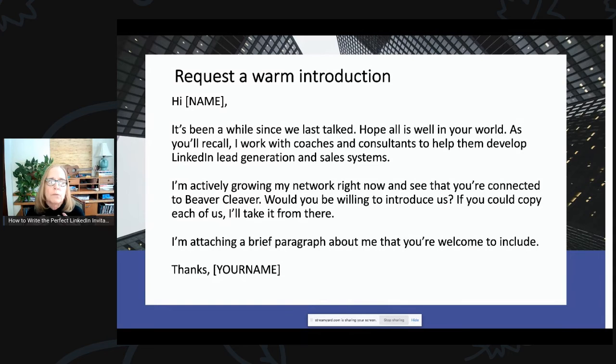Now, the reason that I'm saying to do that is that you want to make it as easy for them as possible. So they can just send out this introduction. They can include both of you on the message, and they can include that paragraph that you wrote for them and just say, if you want to know more about so-and-so.